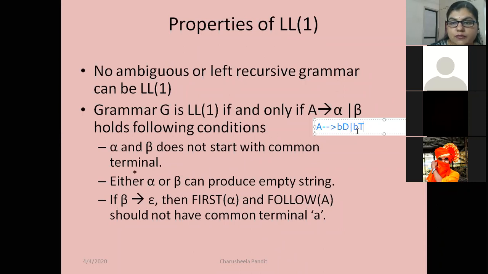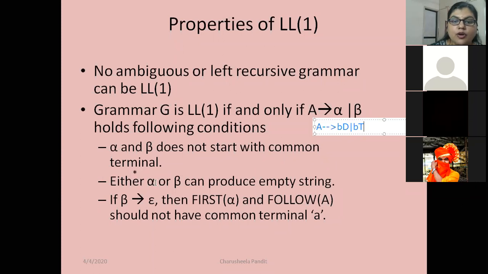For both the productions, first of A is b. So in the A row and b column, what production will you write, A produces bd or A produces bt? In this case, you will have multiple entries, no? But if you left factor this grammar, take this b common, A produces b A dash and A dash produces d or t, you can overcome this type of ambiguity. This is the meaning that alpha and beta should not start with a common terminal.